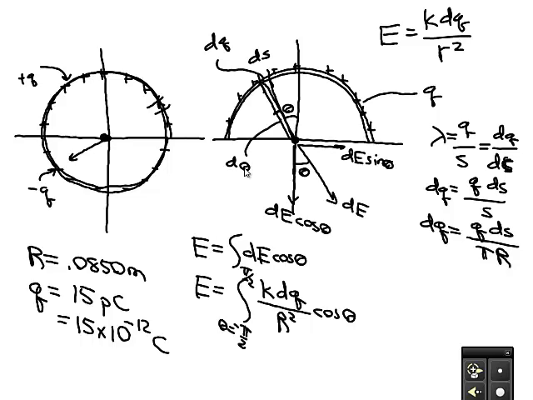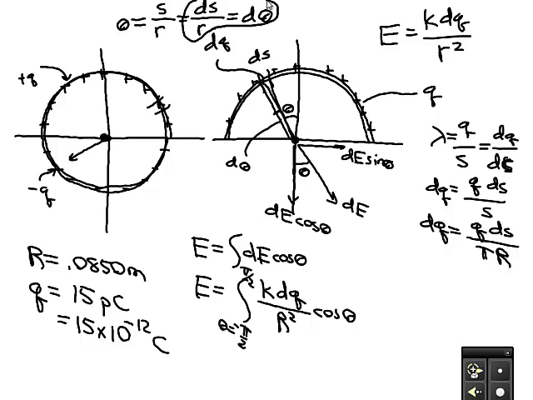So remember how radian measure works. Radians is arc length divided by r. Our arc length in this case is ds. So I kind of messed that up. Sorry, Klara.